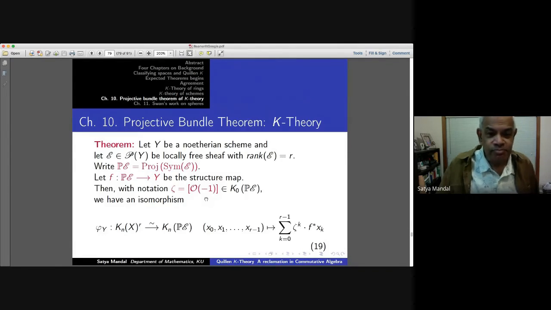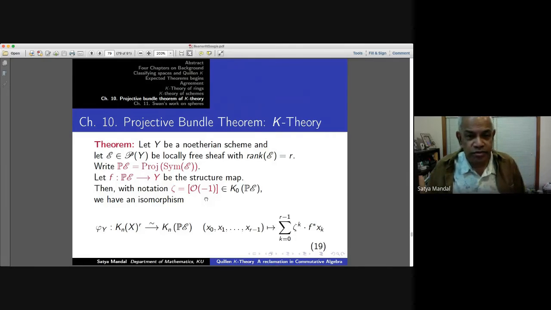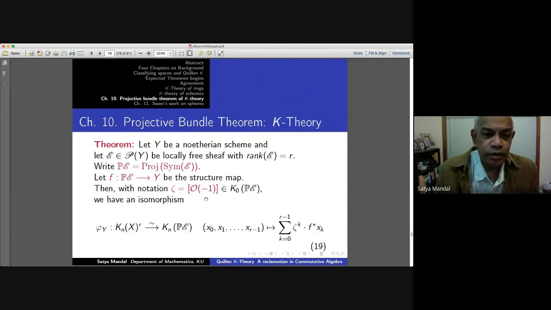Okay, there are more projection formulas. The last one I stated for coherent sheaves.